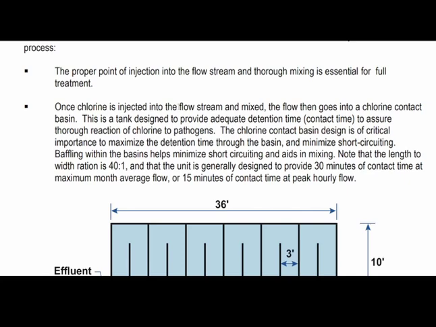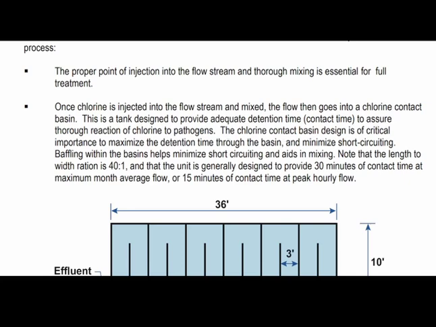Once chlorine is injected into the flow stream and mixed, the flow then goes into the chlorine contact basin. This is a tank designed to provide adequate detention time or contact time to assure thorough reaction of chlorine to pathogens.